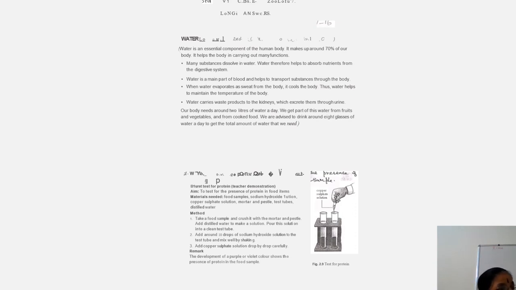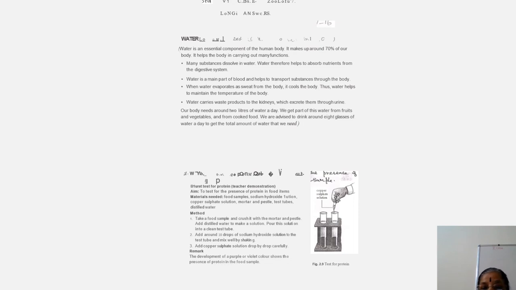Second, water is a main part of the blood and helps to transport substances throughout the body. When water evaporates as sweat from the body, it cools the body. Thus, water helps to maintain the temperature of the body. It regulates body temperature. And it carries waste products to the kidneys, which excrete them through urine.